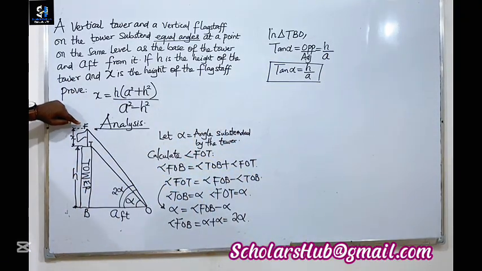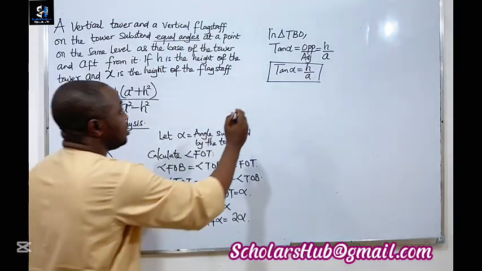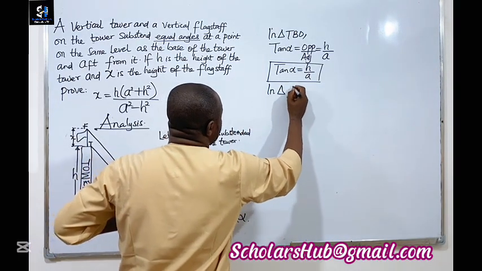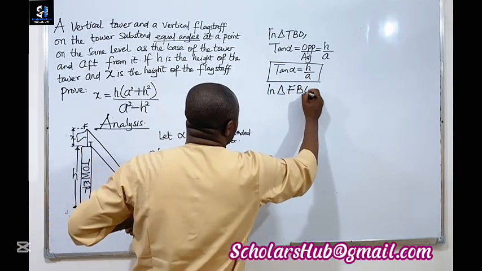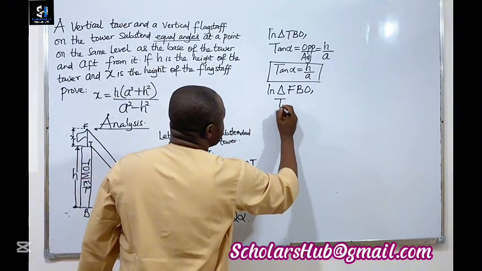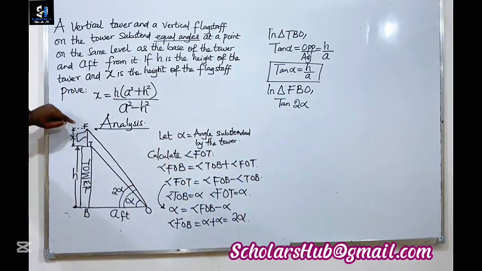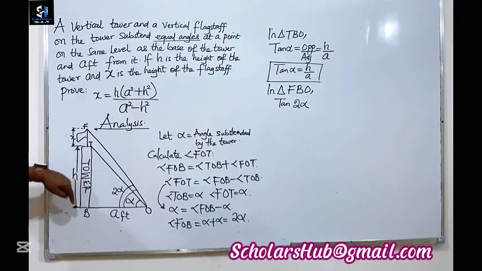Then also, we are going to consider from the flagstaff to the base and the angle subtended. So that means in triangle FBO, the height, which is the opposite side, if you are considering tan 2 alpha, because this time we have to consider this angle FOB.